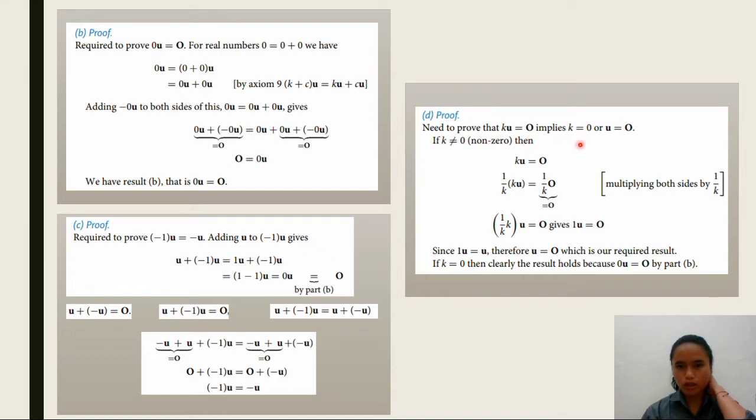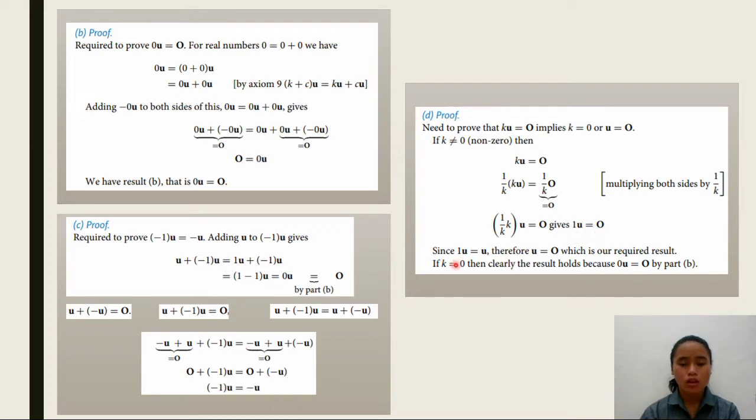Then D, we need to prove that if ku equals 0, then k equals 0 or u equals 0. If k is not equal to 0, or non-zero, then k inverse times ku equals u. And lastly we have 1u equals 0.